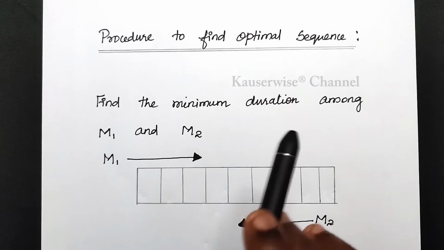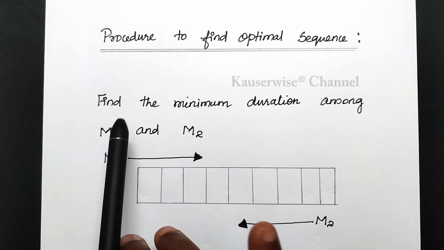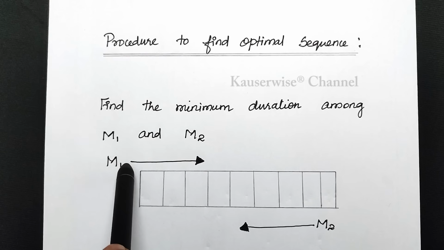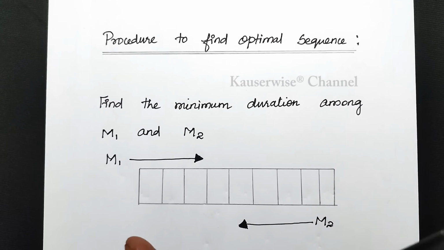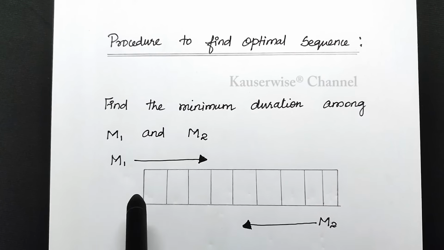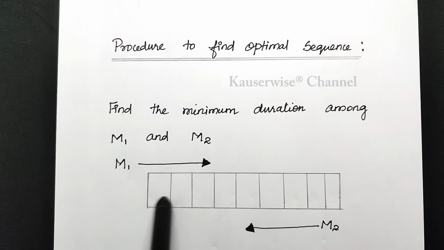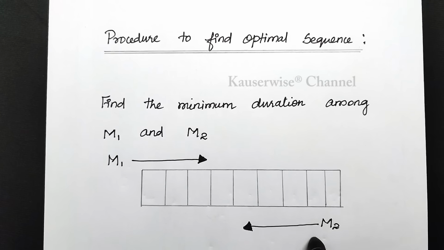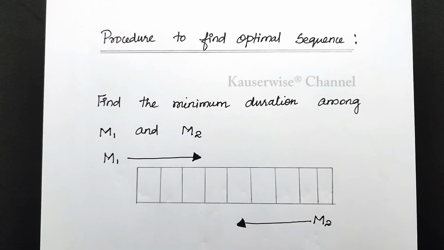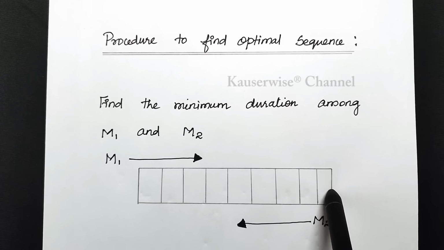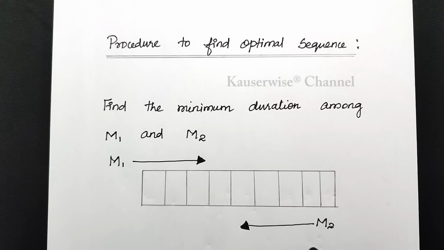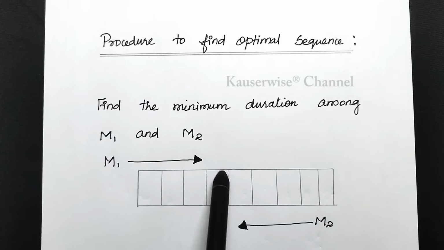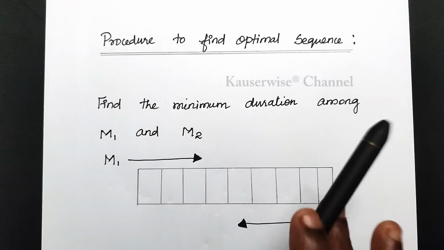First, we need to find the minimum duration among machine A and machine B. If the minimum duration occurs in machine A, then we need to assign that particular job in the forward direction first, and next like that for machine A. If the minimum duration occurs in machine B, then we need to assign that particular job in the backward direction first, and next like that for machine B. So, the forward direction is applicable only for machine A and the backward direction only for machine B.